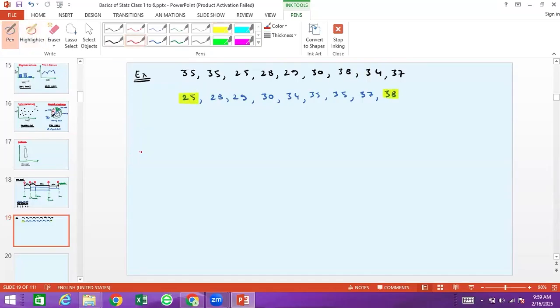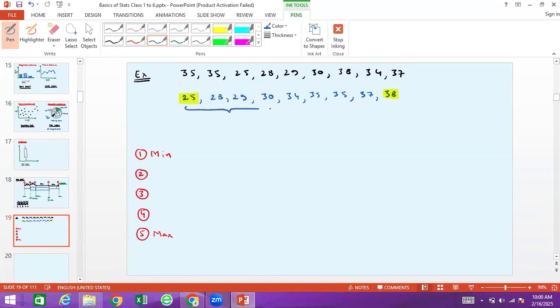So what 5 points will I be needing? I will be needing the minimum value. I will be needing the maximum value, 38. I will be needing the median value. First of all, to calculate a median, I should know how many values there are. We have 9 values, so the median value will be the middle value.